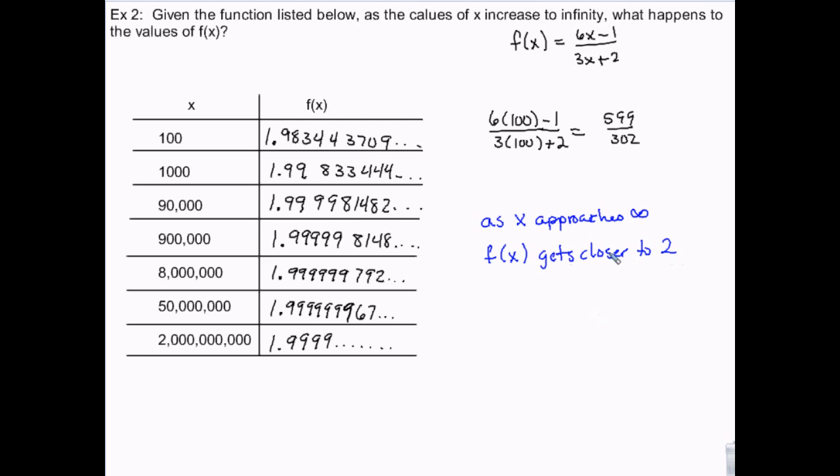But we never quite meet 2. And the way we write that mathematically is like that: the limit of f of x, that's the function, as x approaches infinity is 2.